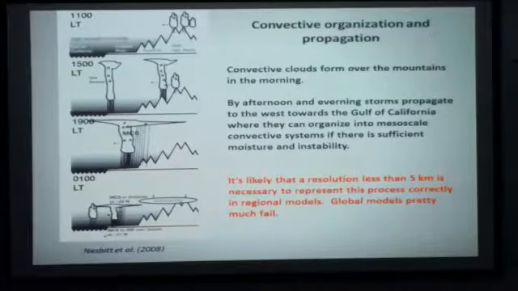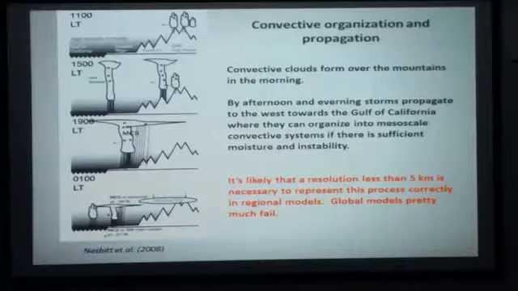You have a large organized convective structure with a leading convective line and a trailing stratiform precipitation region that spans on the order of 100 kilometers or so. You saw in Jamie's presentation that when these things develop, they're fairly large. They can cover a significant part of the state of Sonora, for example.